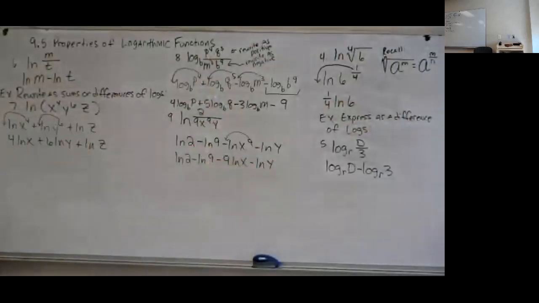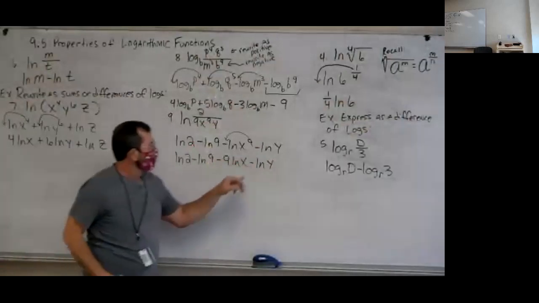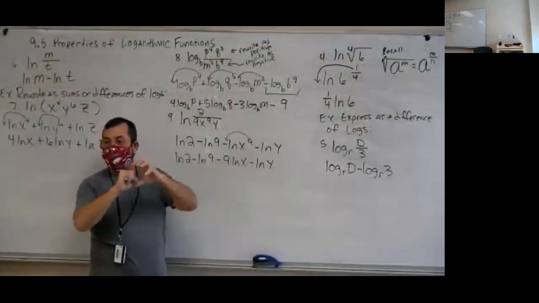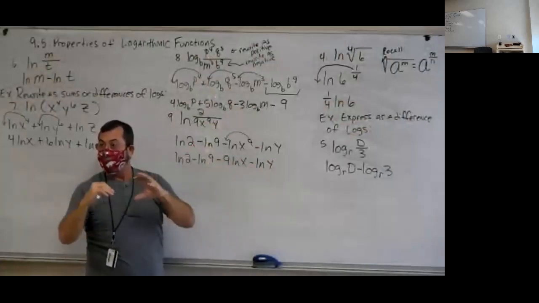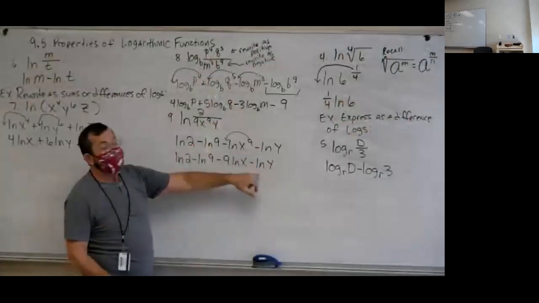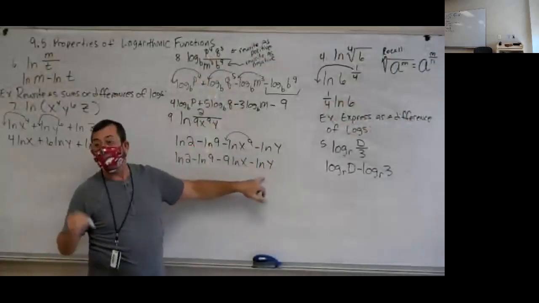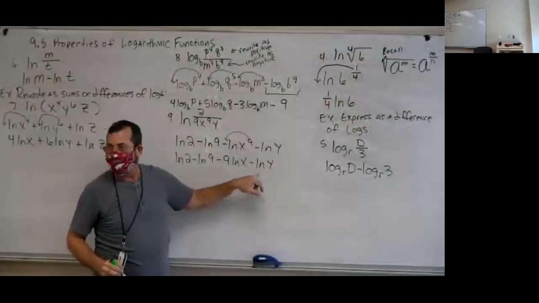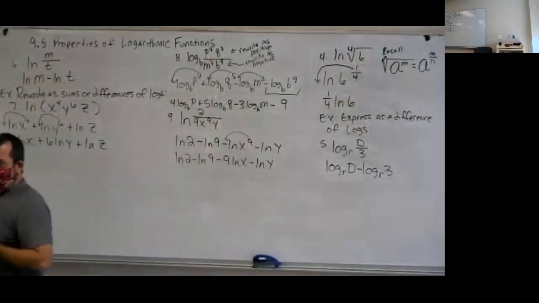Now, let me fix y'all real quick. When you punch in this ln, that is not an I N. If you punch ln, it'll make it bold and dark. So you know you got the right thing. If you do an I, like a capital I and an N, it won't bold it and highlight it. So it's going to mark it wrong for sure. ln, not I N, okay?